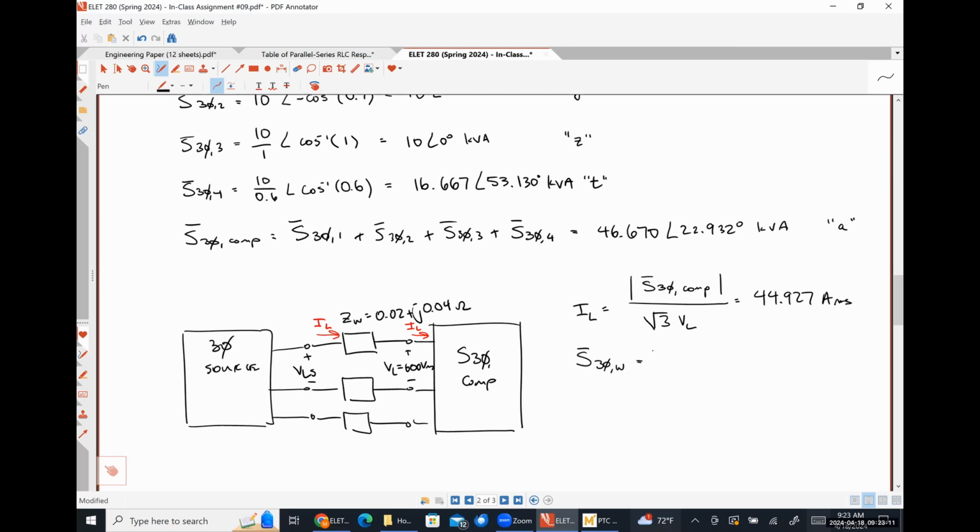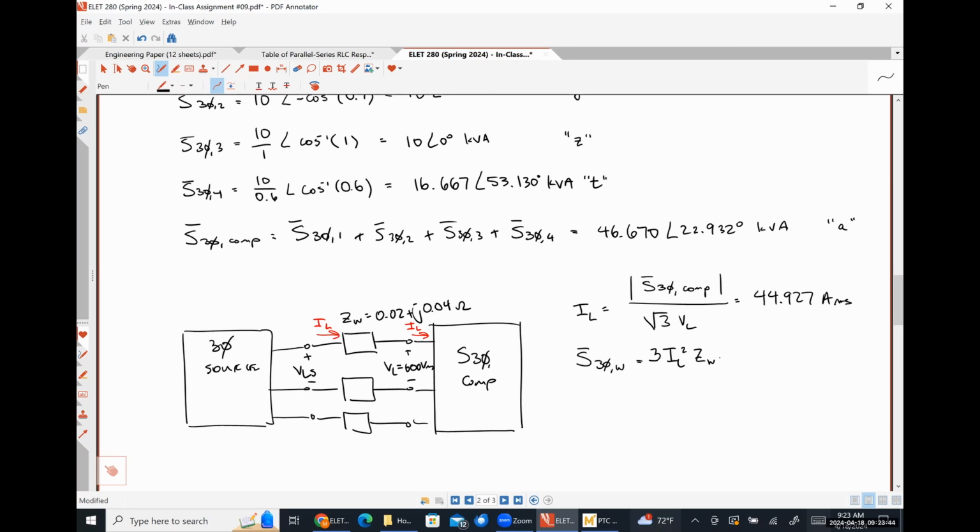So this is going to be 3 times IL squared times ZW. Just pulling back a relationship from our steady state sinusoidal circuit analysis, right? If I want the complex power absorbed by a particular impedance and I only know the magnitude of the current, it's just magnitude of I squared times Z.